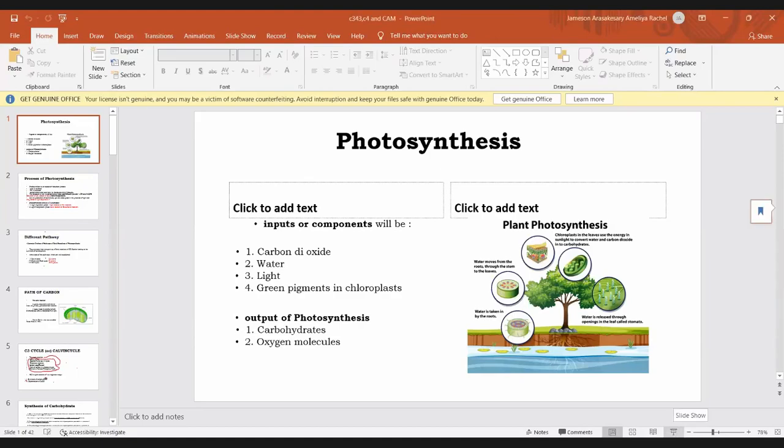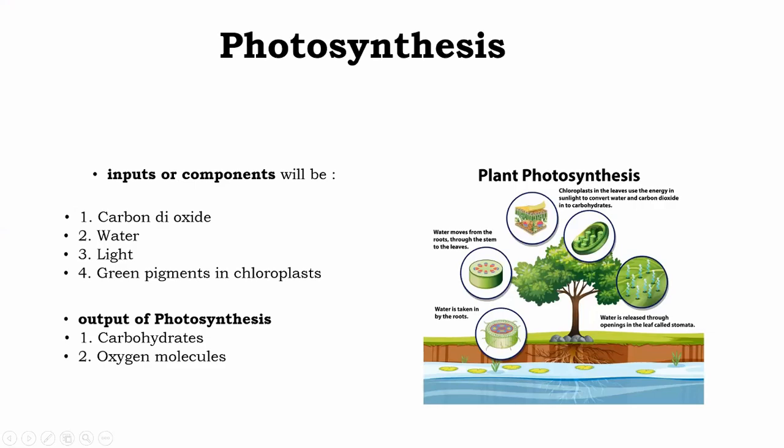Okay, are you seeing this one? Yes. So this is photosynthesis. The major inputs are four: carbon dioxide, water, light, and green pigments in chloroplast. In some plants, even without these green pigments, photosynthesis takes place.